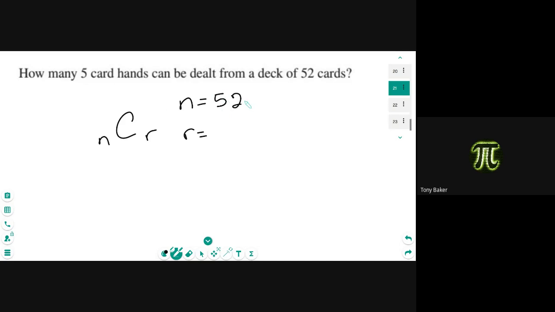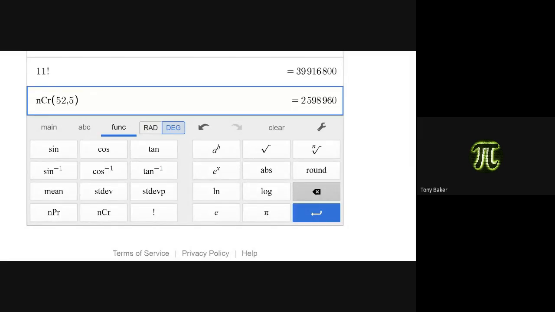And R is 5. So 2,598,960 different hands can come out of a deck of playing cards.